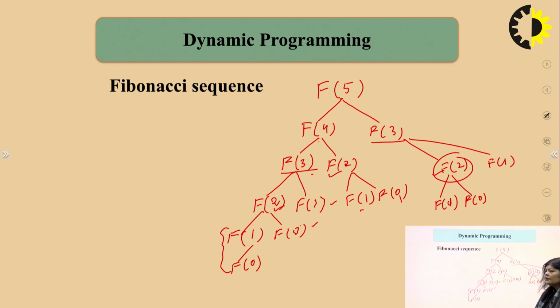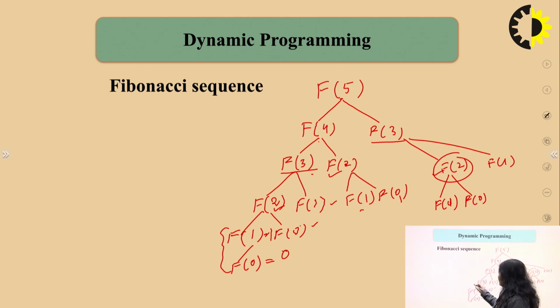And again, when we are moving towards this branch of the tree, I need to find out this F2 solution again, right? So in dynamic programming, if I'm using a bottom-up approach to build up the solution, I solve these problems and put each solution into a table data structure. For F0, I know the solution is 0, and for F1, it is 1.